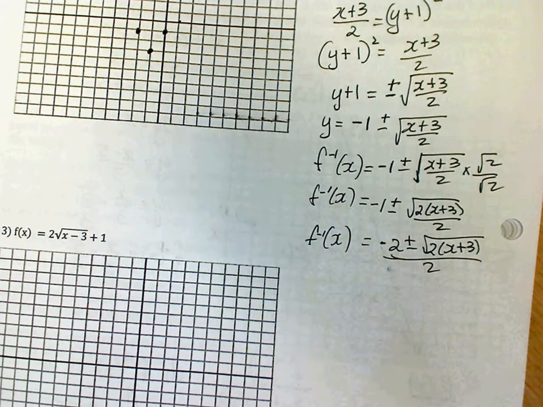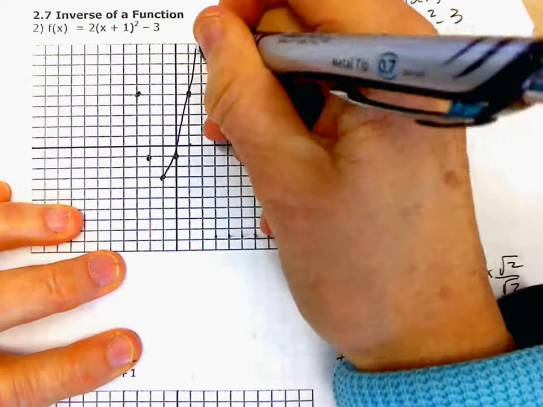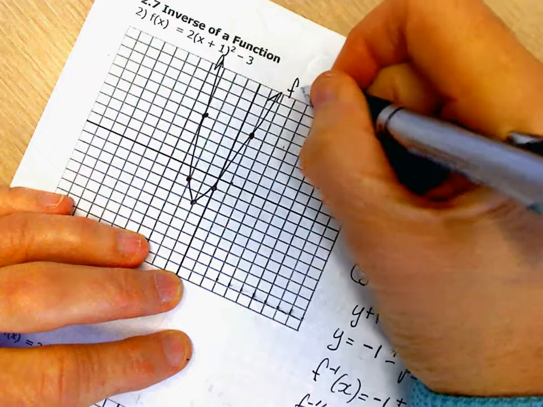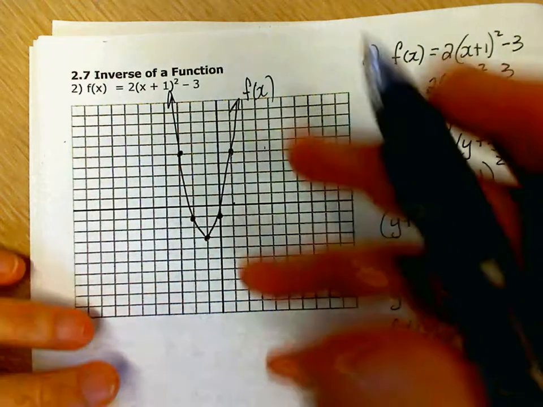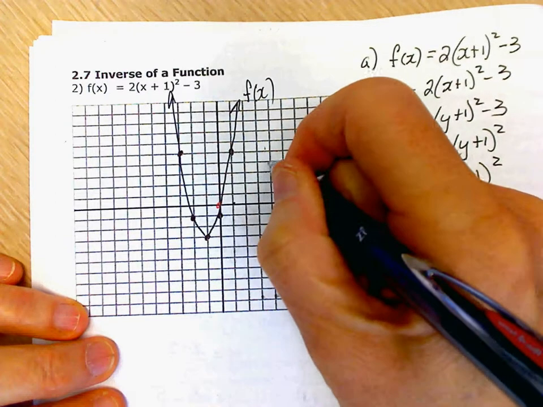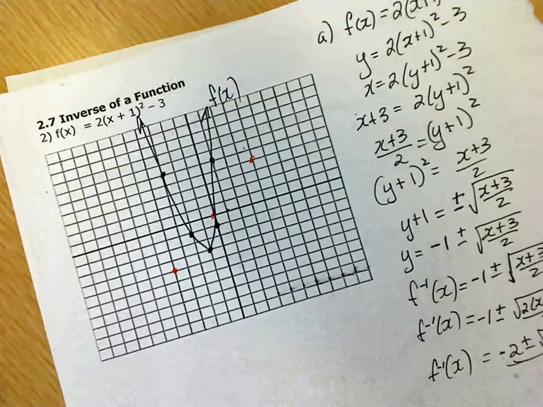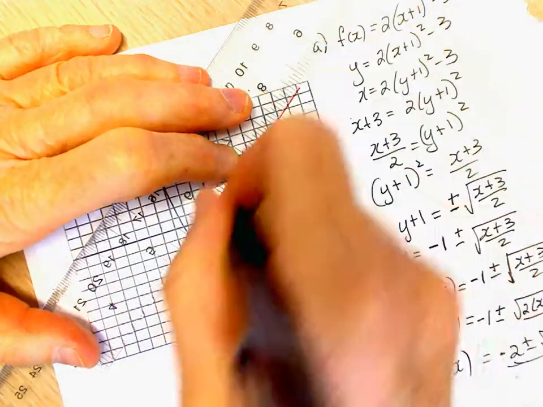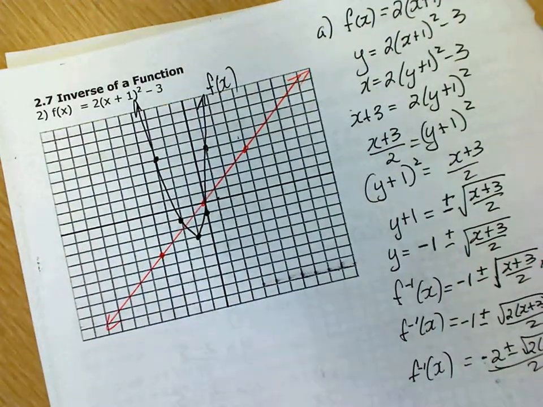So there's my parabola, my original. There's my f of x. Let's draw in the y equals x line. Okay?